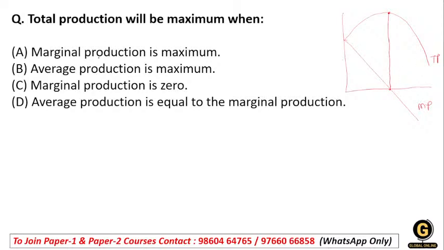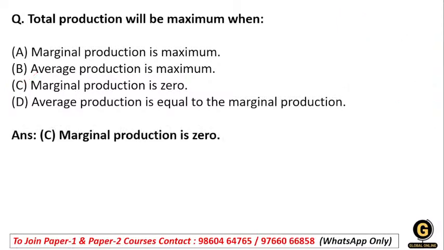So the options are given: MP is maximum? MP can never be maximum, okay, because it is continuously going downward. Average product is maximum? No. Marginal product is 0? Yes, when your marginal product reaches 0, in that condition your TP will be at the maximum level. So option number C will be the right answer, okay.